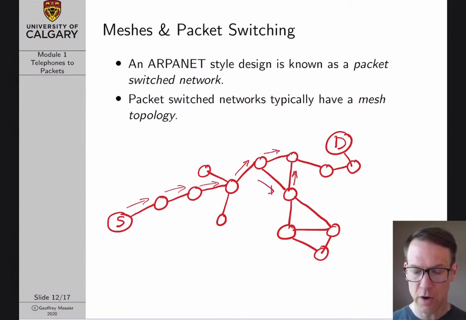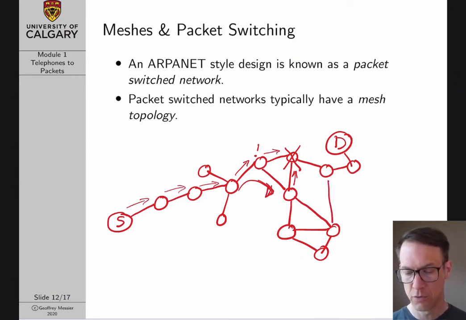And the original ARPANET notion was that if one of these nodes happened to disappear for military reasons or any other reason, this node would learn about that, share that information to its neighbors, and then redirect its traffic along an alternate path. Oh, and maybe I'll draw a path there that actually works.